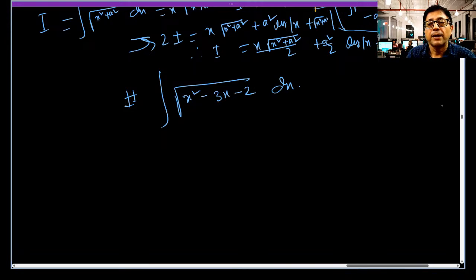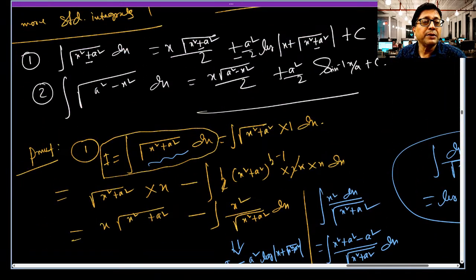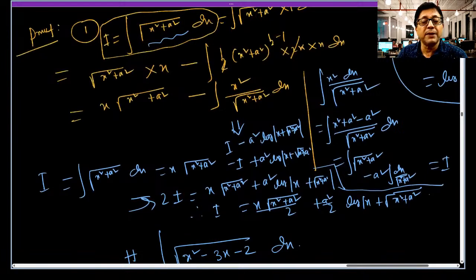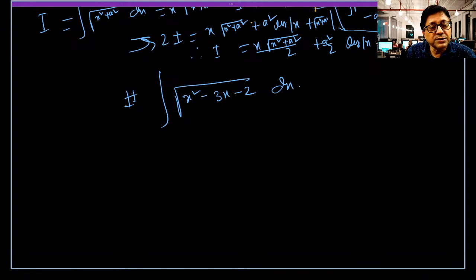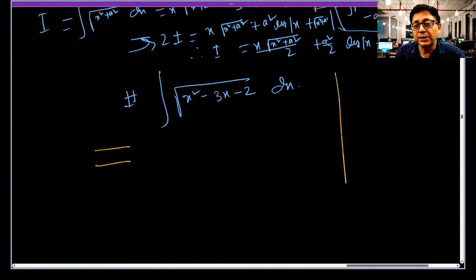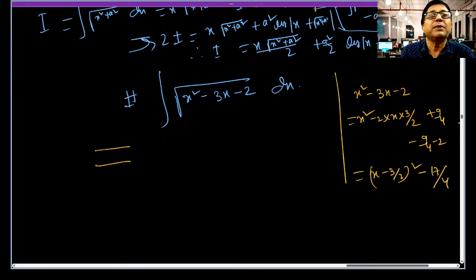For this, the way we used standard integrals, I will find which form is there out of these three, then apply it. So for this you go by the method of completing the square. You can do it here. X square minus 2 into x into 3 by 2, plus 9 by 4. So this is x minus 3 by 2 whole square minus 17 by 4.